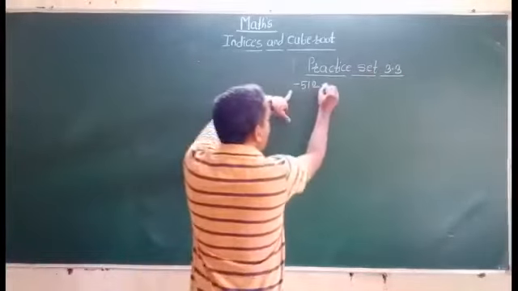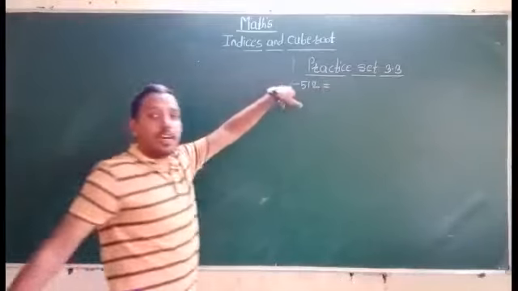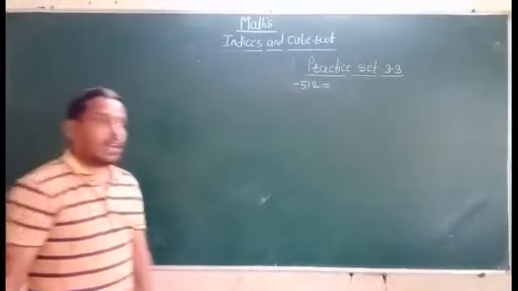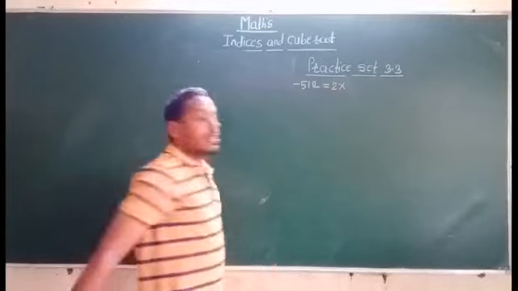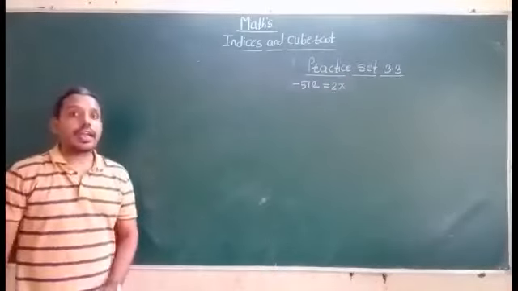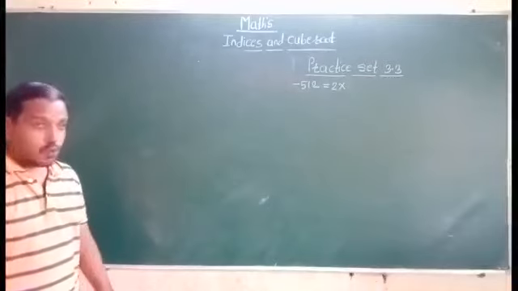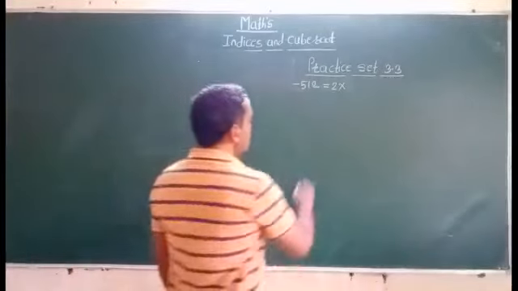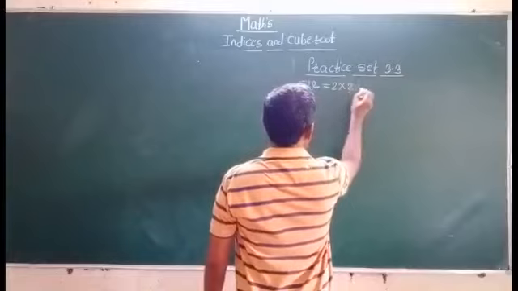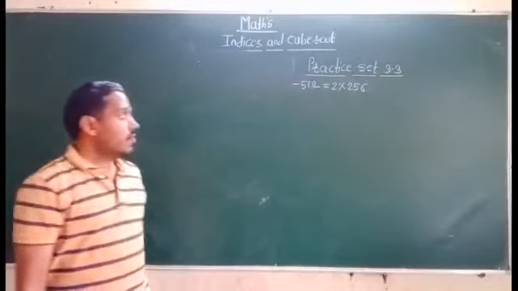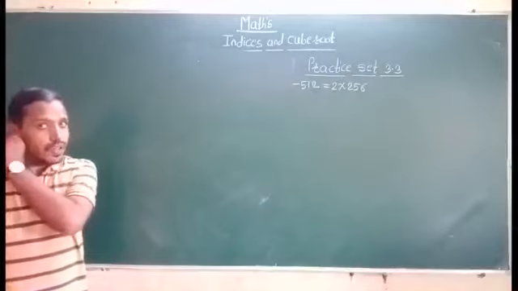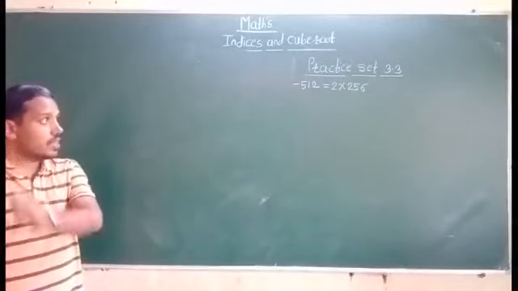So 512 is split up in prime factor form, and we get the prime factors of 512. So 512 is divided by 2. We get the answer 256.